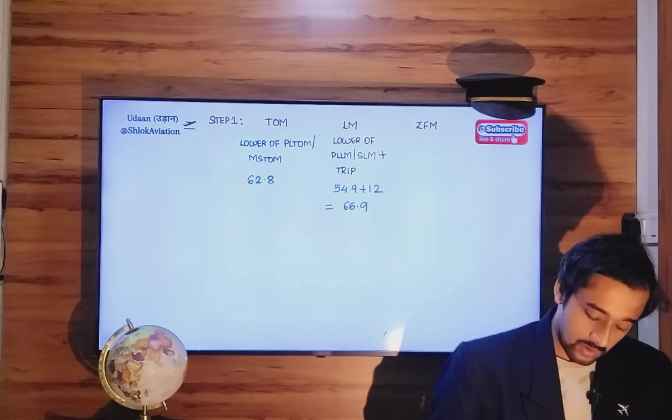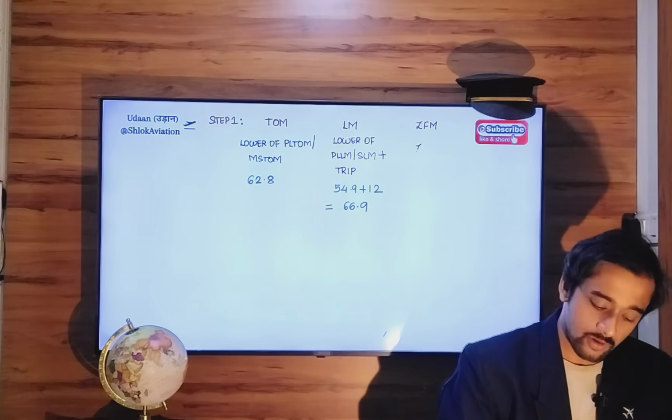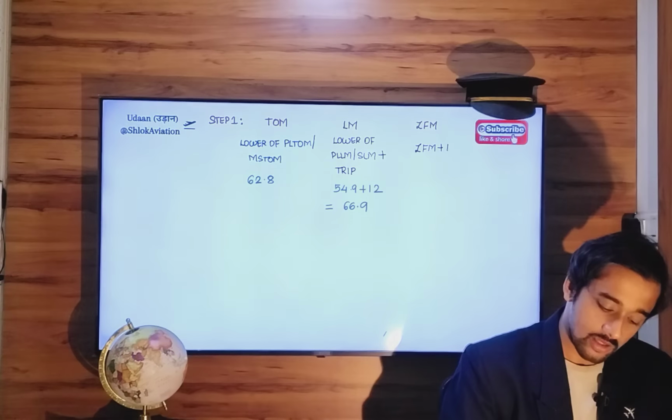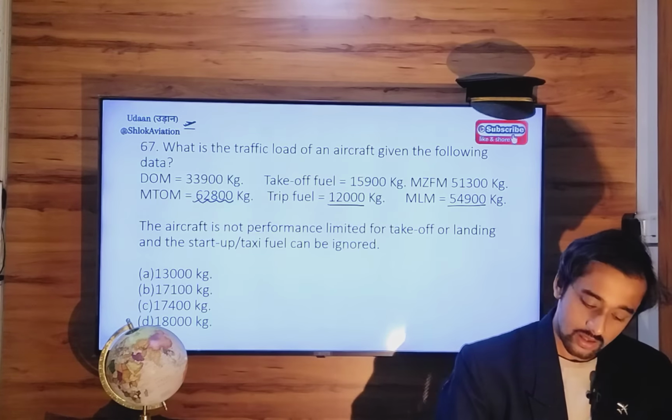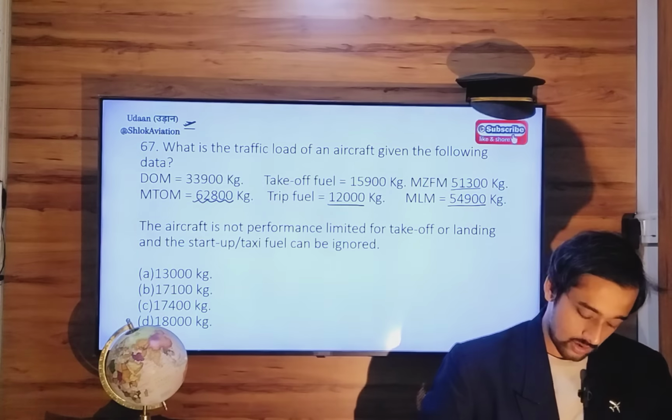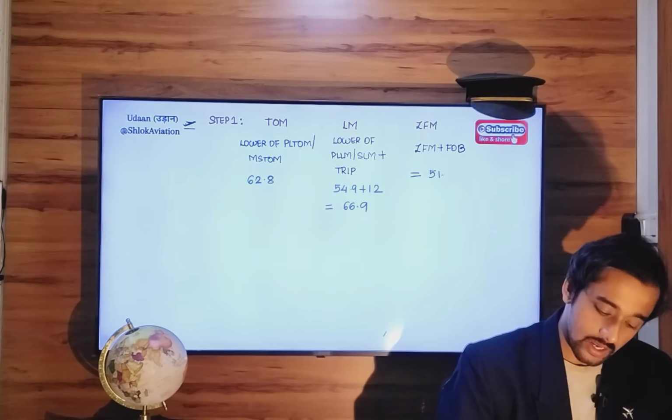Next, in the zero fuel mass column, the formula is zero fuel mass plus fuel on board. Zero fuel mass is 51,300 or 51.3.